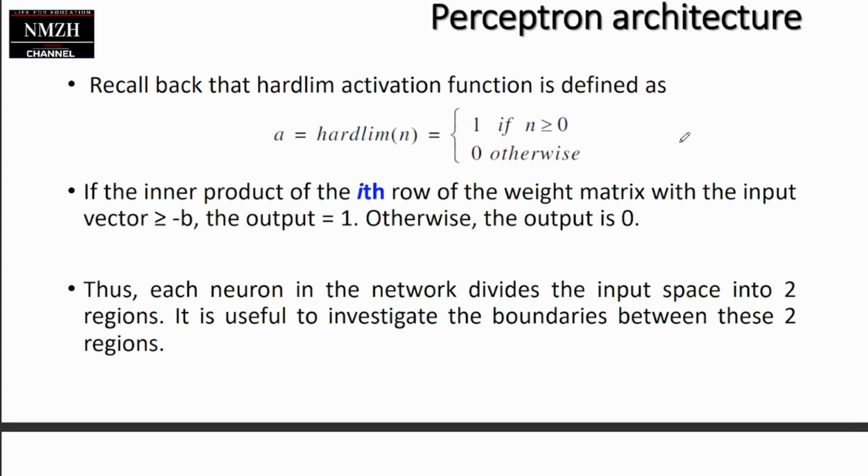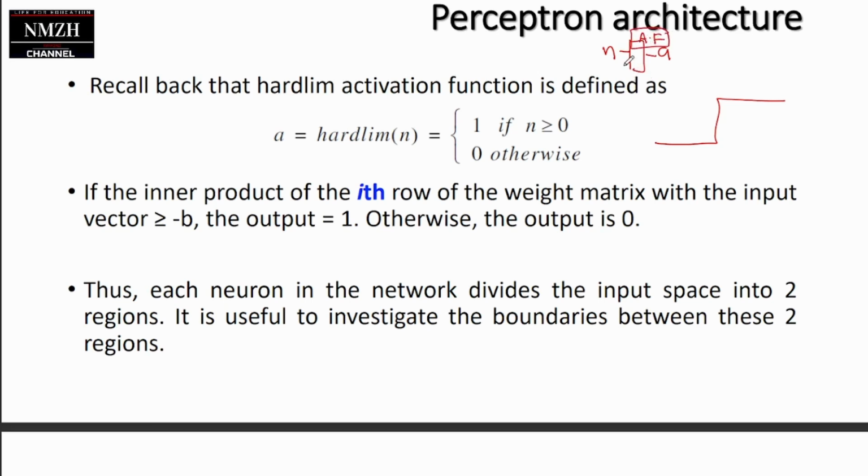So hardlim is simple. If we have an output a, oh sorry, because n particularly needs to go through the activation function over here. Say this one is 1, this one is 0, n, so this one is a.